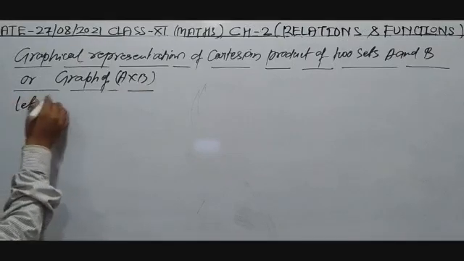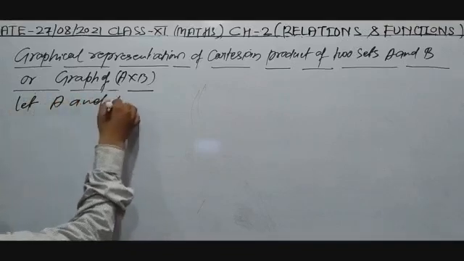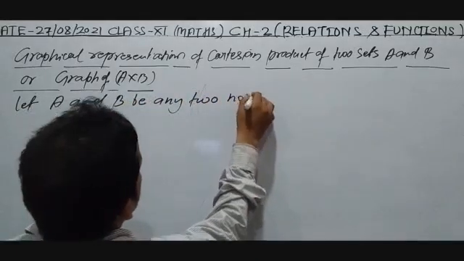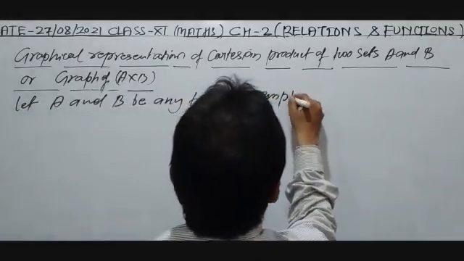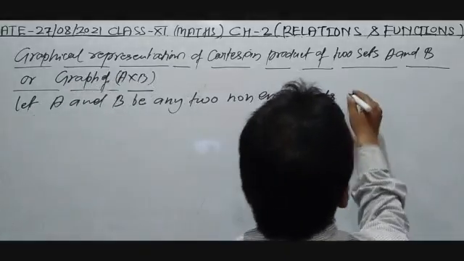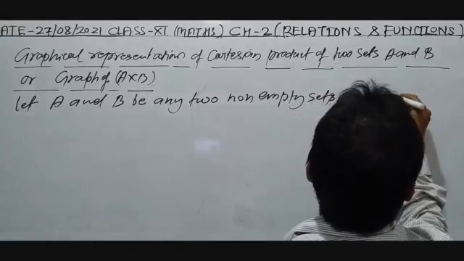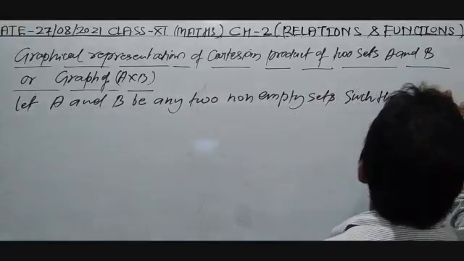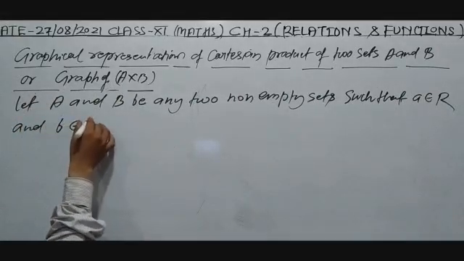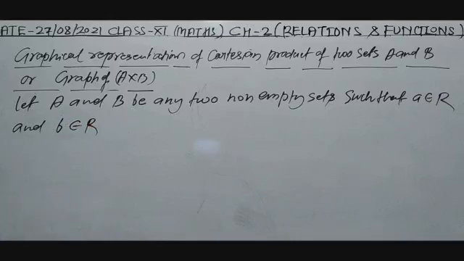Let capital A and capital B be any two non-empty sets such that small a belongs to real and small b belongs to real, or in other words we can say A and B are subsets of R.